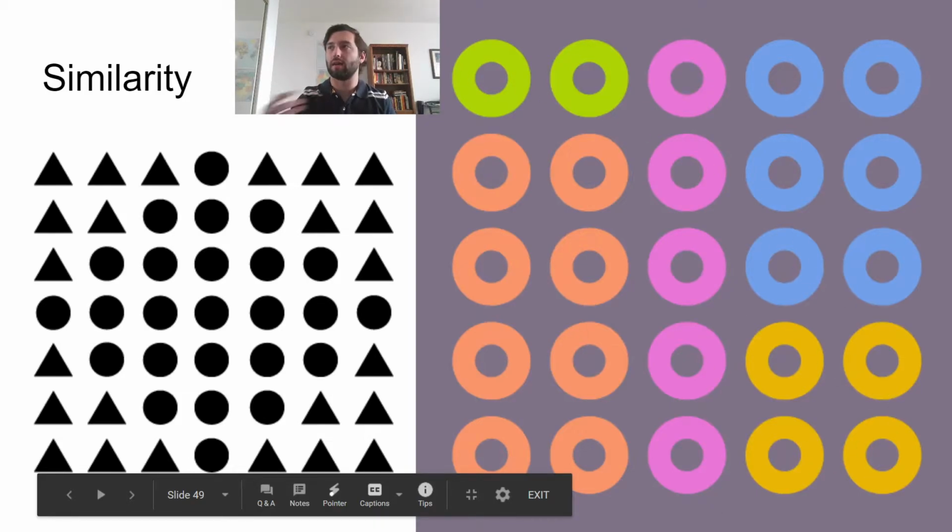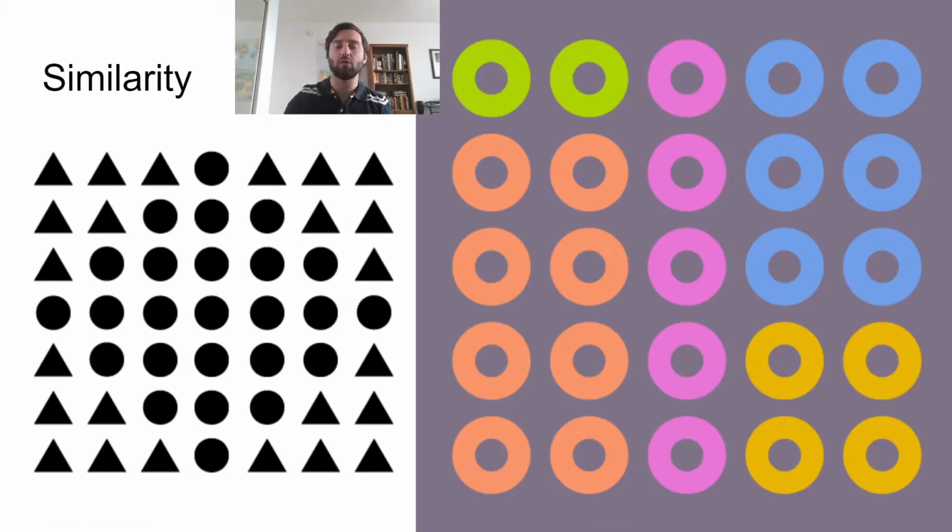Now again, I didn't have to mention anything about how you should group them or why you should put them together. You naturally do. We naturally put things together that are similar, just like we naturally put things together that are in proximity or near each other. Let's keep going here.